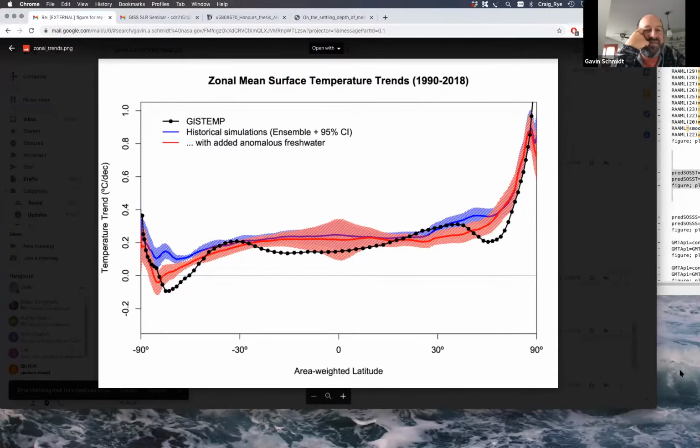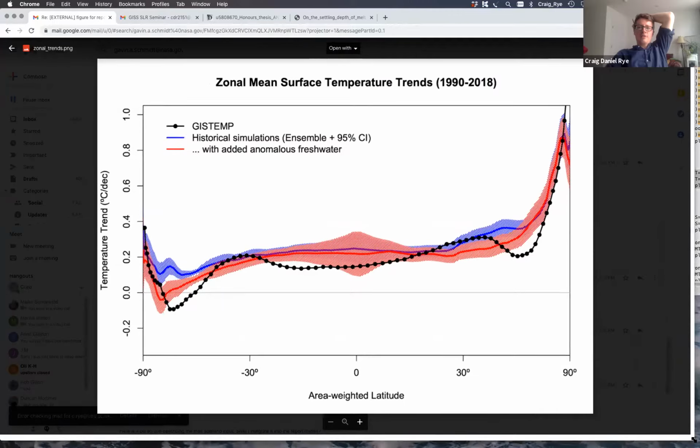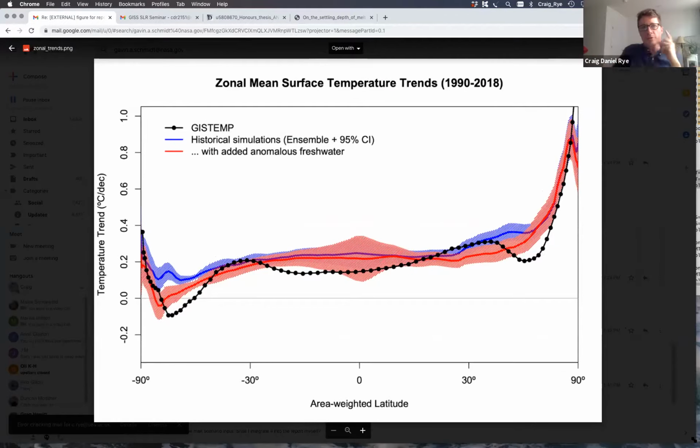Yeah. And so in this run I sort of hacked the model in such a way as to allow us to more accurately represent the recent trends in meltwater forcing from the Antarctic and Greenland. And this is the result that we get from this.